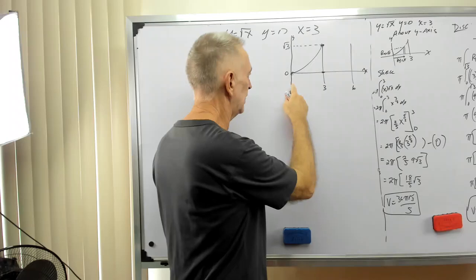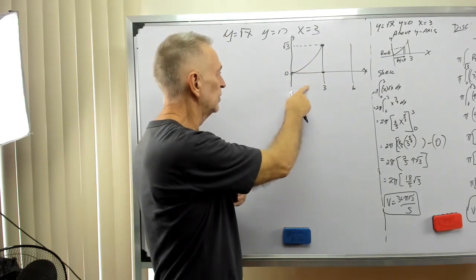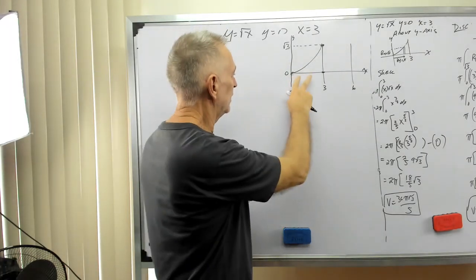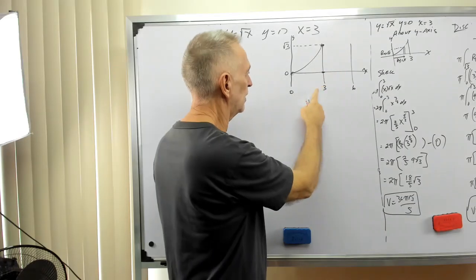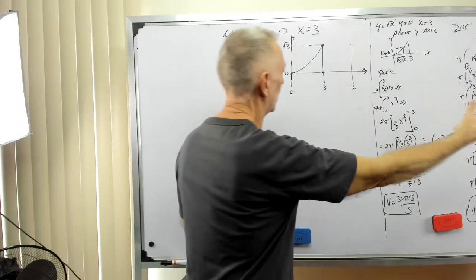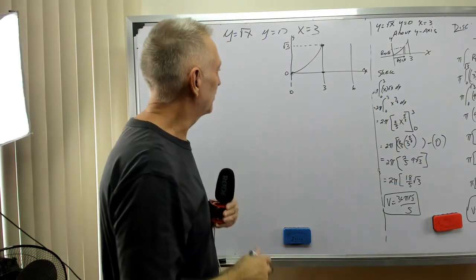Before, we rotated in one video around x, in another around y, and in the last video around x equals 3. Now we're going to rotate it around x equals 6. Whoa, let's get after it.